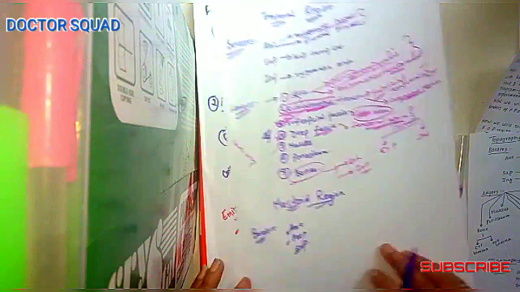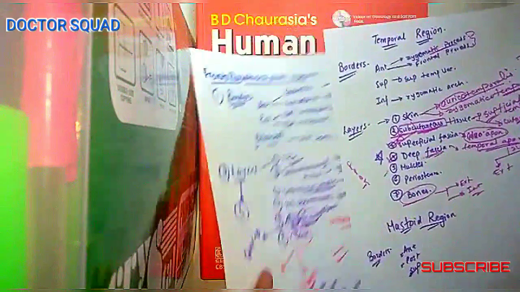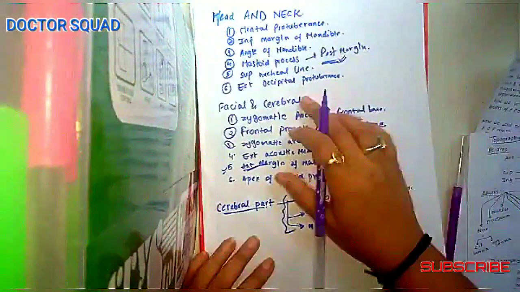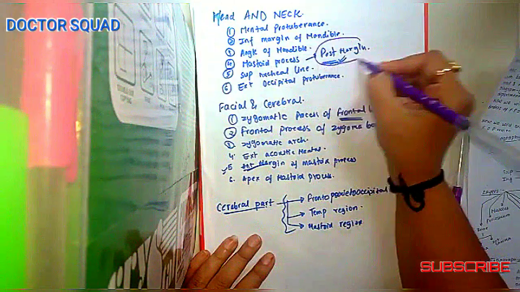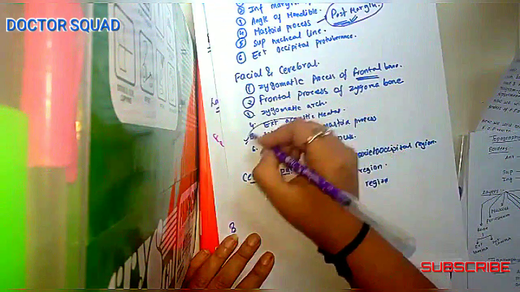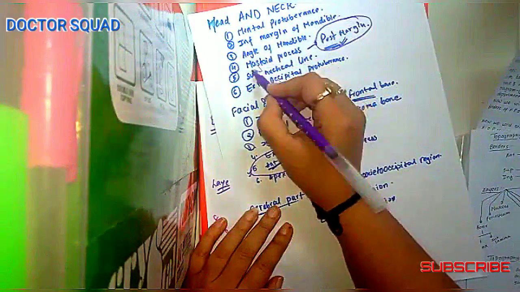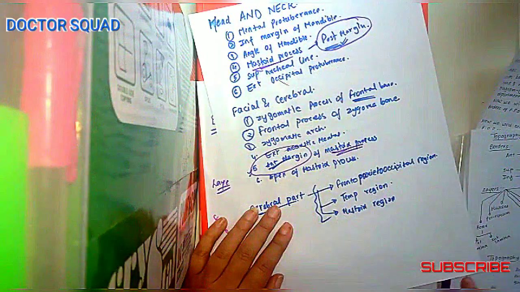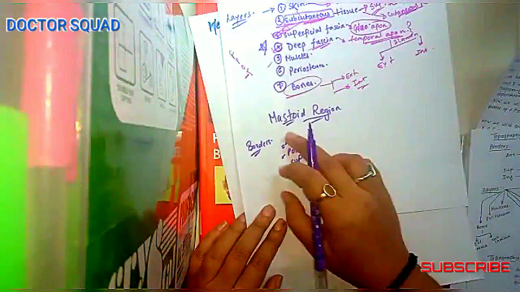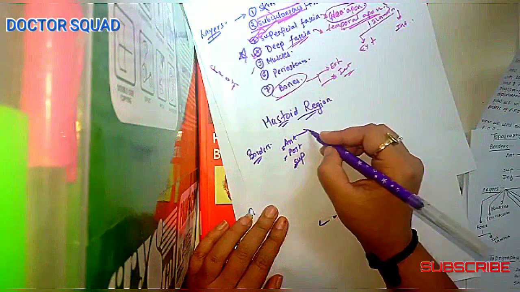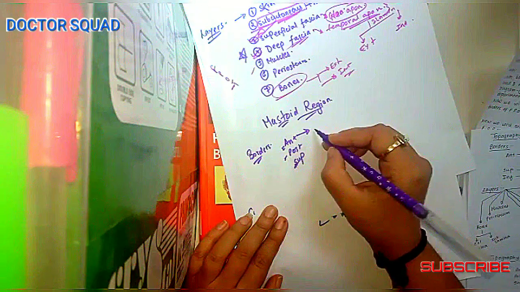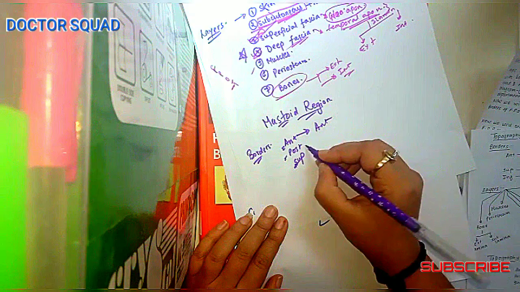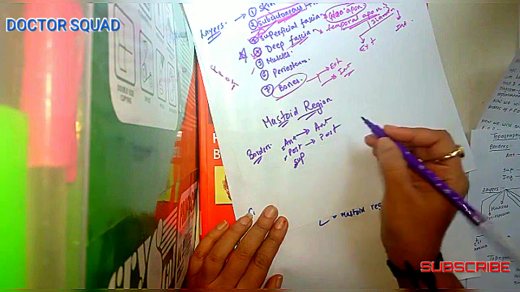It's easy. Do you know that here we have written posterior margin. Here we have written anterior margin, right? So both are the mastoid process, right? So here we are talking about the mastoid region. So you can easily remember anterior part, anterior region, posterior part, posterior region.